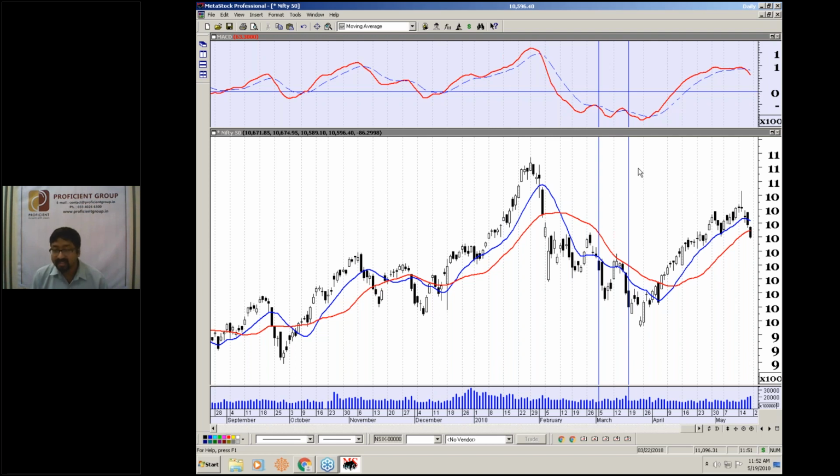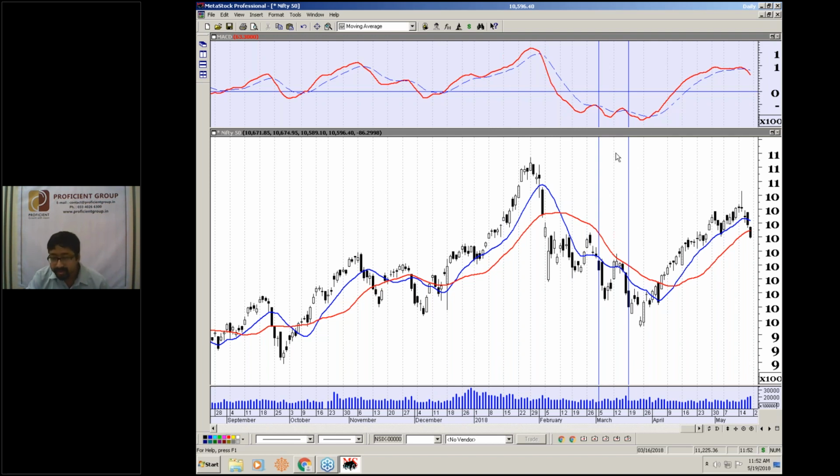But these sell signals occurred much below the zero line, in negative territory. So I do not consider these sell signals to be important at all. I will prefer to see a sell signal much above the zero line, that is, in positive territory. By doing so, I am ensuring that there is a large enough space for the price to fall down, right?